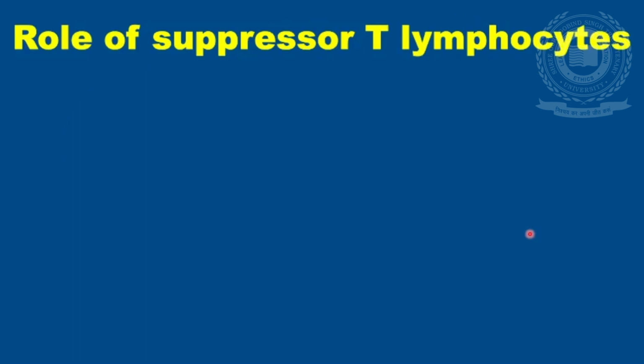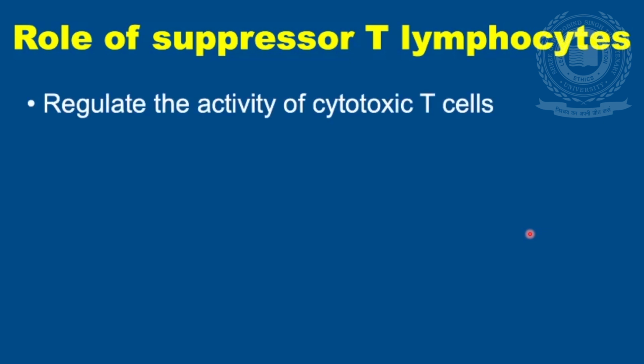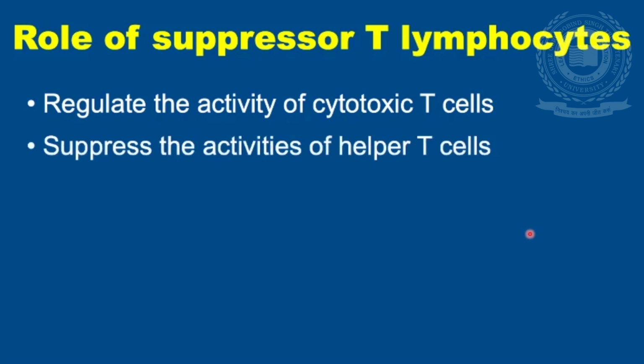Then comes the role of suppressor T lymphocytes. Suppressor T lymphocytes regulate the activity of cytotoxic T cells. Thus, the cellular immune response is a balance between the cytotoxic T cells and the suppressor T cells.